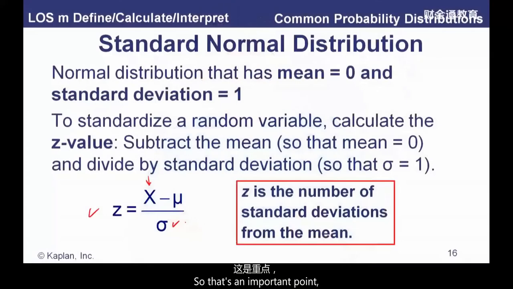So that's an important point. The standard normal, mean is 0, we've centered it to 0, and for the standard deviation, we've divided the distances by the standard deviation of this distribution, and so that makes the standard deviation 1, and our results are in units of how many standard deviations from the mean.